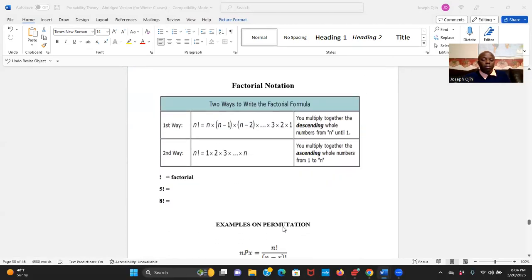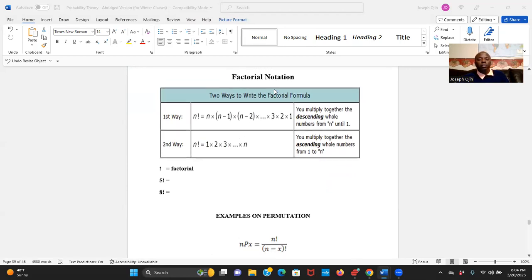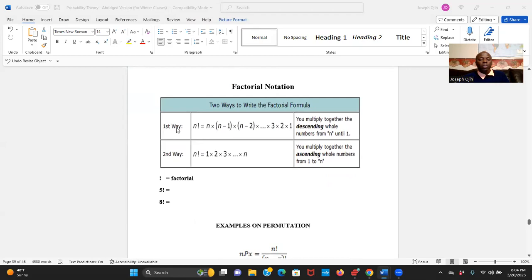Before we can do that, we need to understand the factorial notation. If you have something like n factorial, this symbol, which in English we call an exclamation mark, in maths we call the factorial symbol.